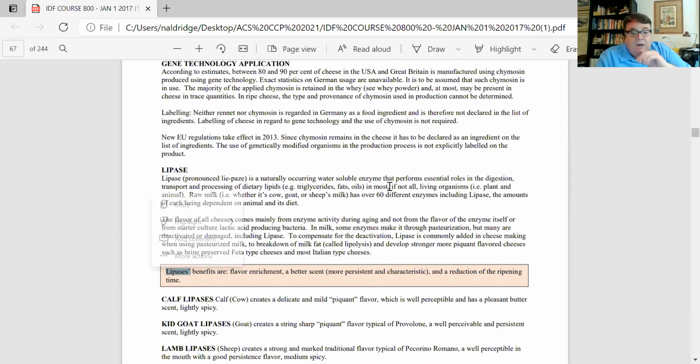And especially, it's not just what it is as far as lipases, but the benefits. It's a flavor enrichment, a better scent. So why would you want that in your cheese? Questions could be formed around that. And it would be flavor enrichment, a better scent, and the reduction of ripening time.